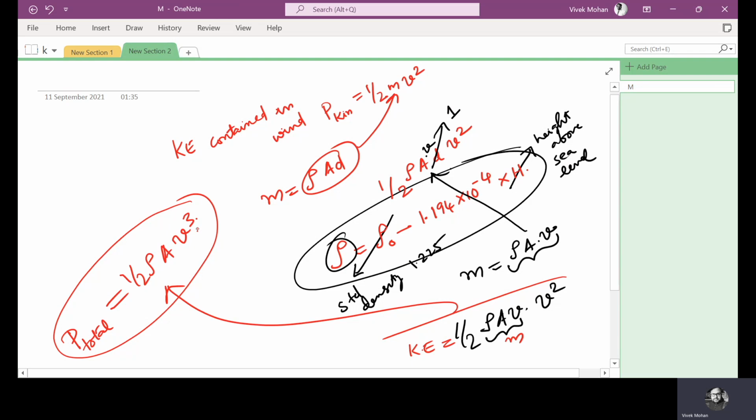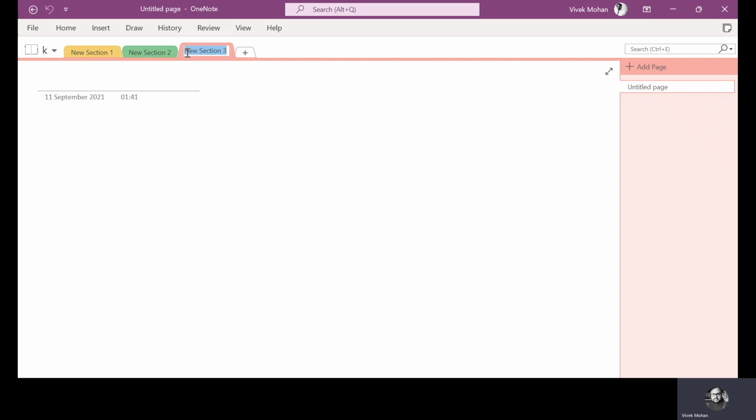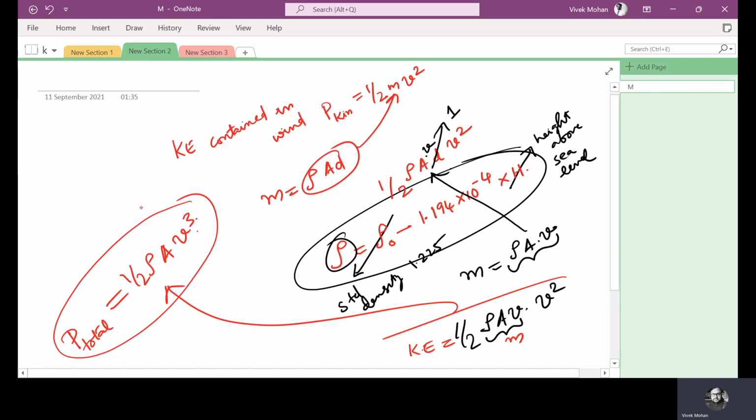Now let's move on to the next topic. Before moving on, let's have some insight from this equation. The power in the wind is proportional to wind speed cube, V cube, right?